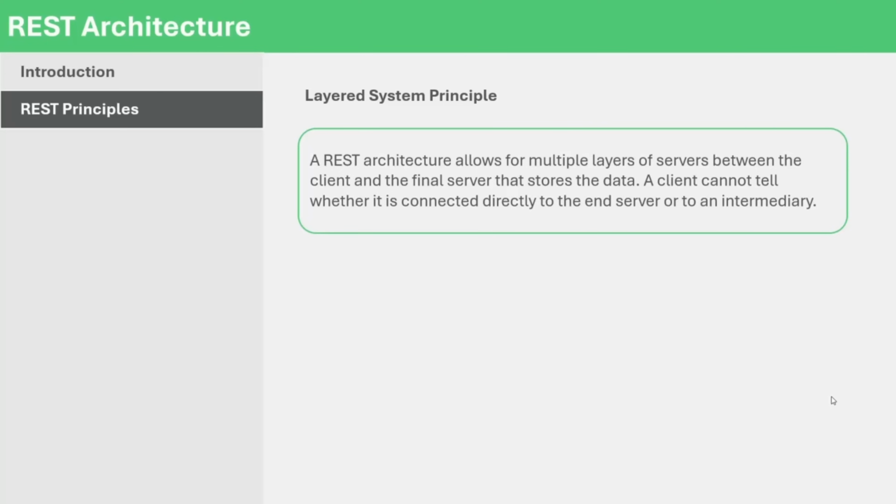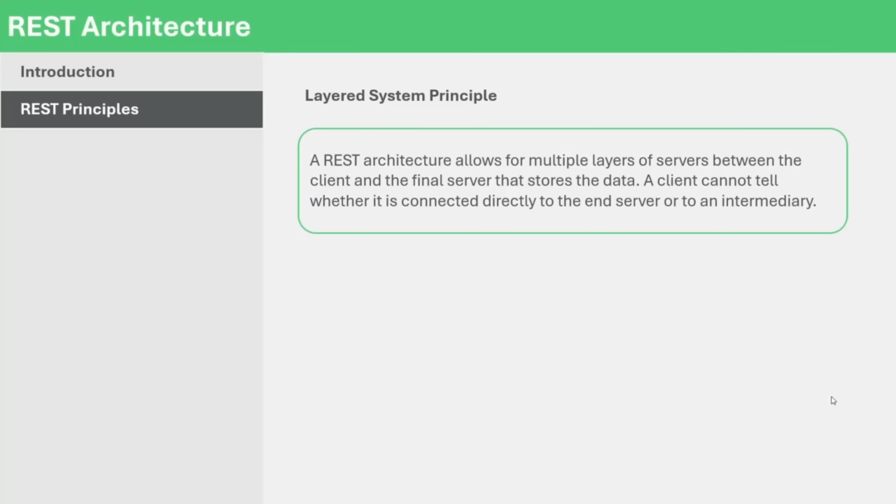So here layers can be used for different things like for example load balancing or security using a firewall or caching using a CDN server, etc. And each layer can have its own functionality without affecting the client's perspective. So the client still does not know if there is any layer between the client and the end server, which is serving the data.